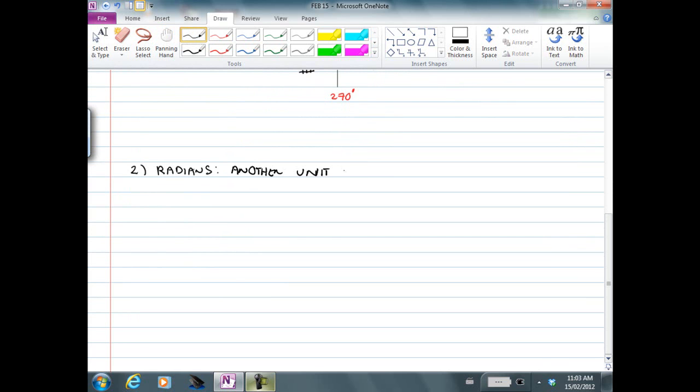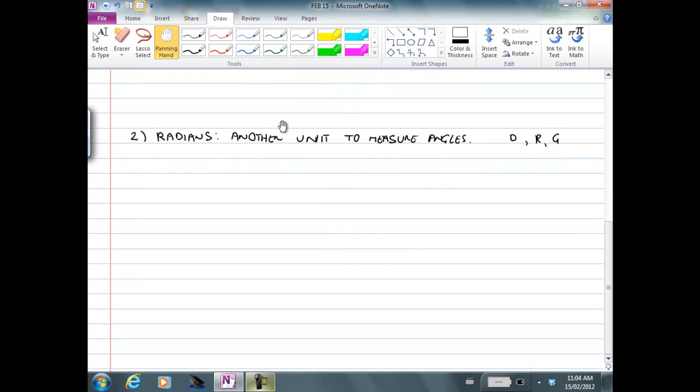That's what a radian is, another unit to measure angles. I can measure in degrees, or I can measure in radians. Your scientific calculator sometimes has a little d, or an r, or a g. D stands for degrees. R is radians. That's what we're working on, radians. G, gradients, is something for engineering, which you learn later.